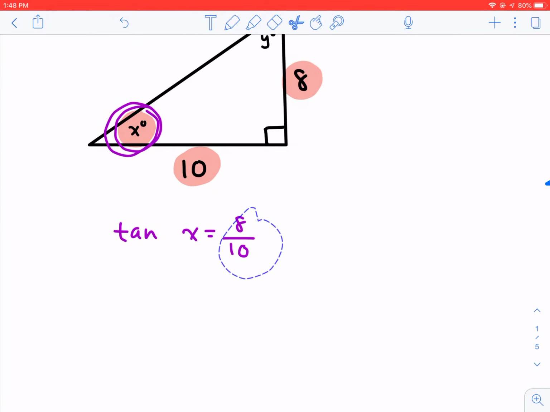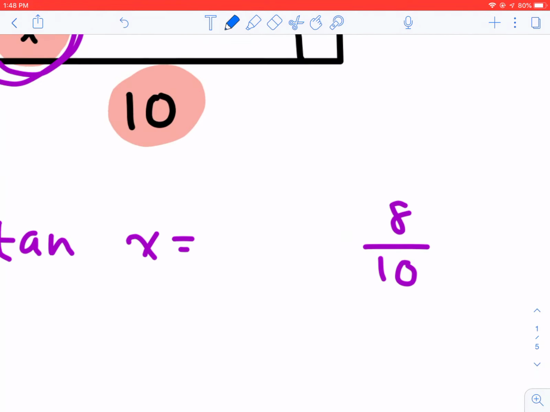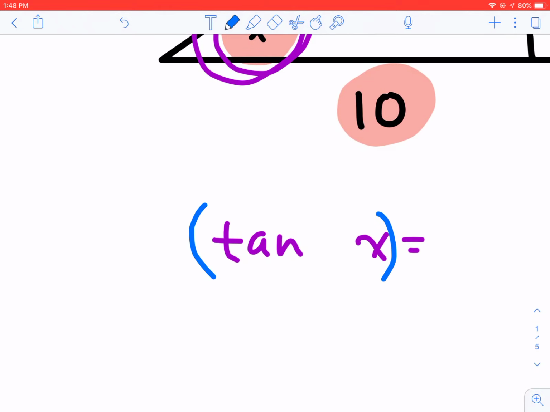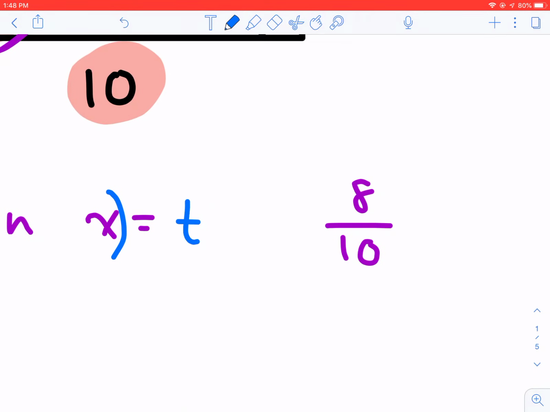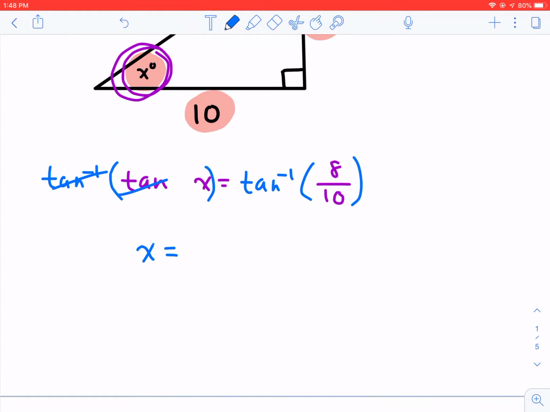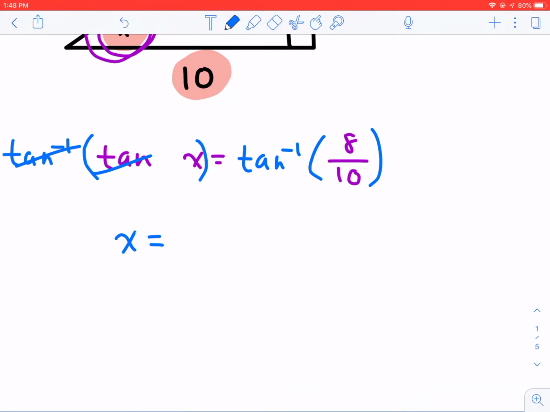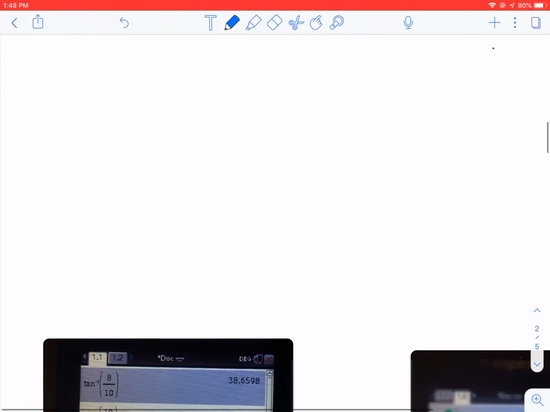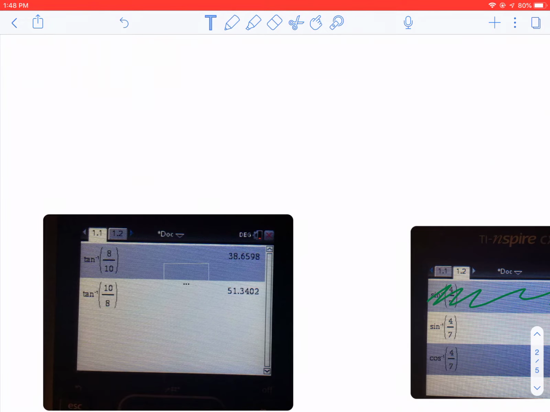And in this case, to solve for x, I will be taking the inverse tangent of both sides. So we had 2 of the 3 parts. We had the 2 side lengths, and that will let us find the angle measure. So I take the inverse tan of both sides. X is equal to the inverse tan of 8 over 10. Actually, let me just show you what it should look like in your calculator. I've copied it down here.